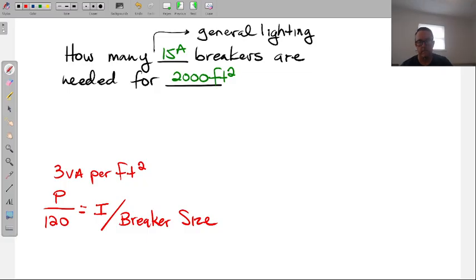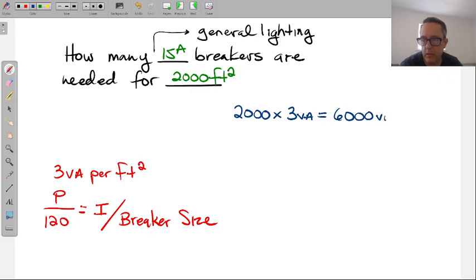Correct. So I'll get us started since it's just the first step, times 3 VA. And now we have that much wattage. So the P in Ohm's law, and divided by the size of the breakers.